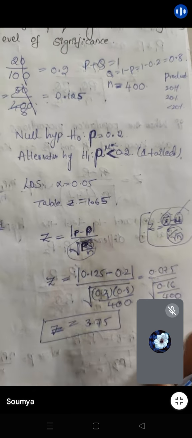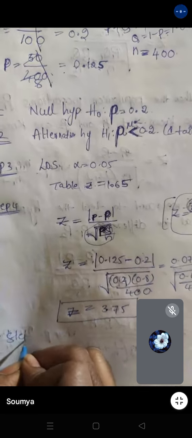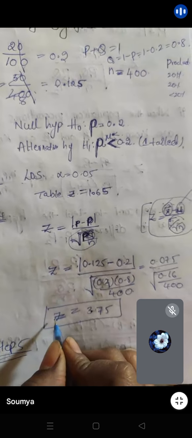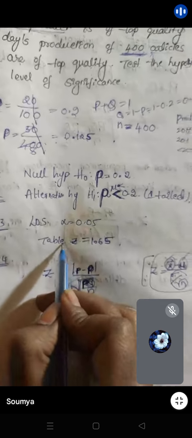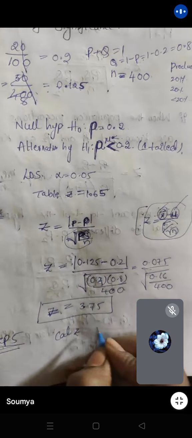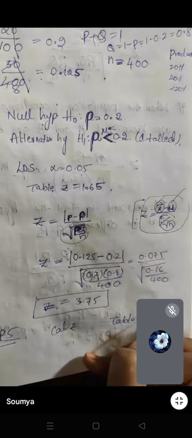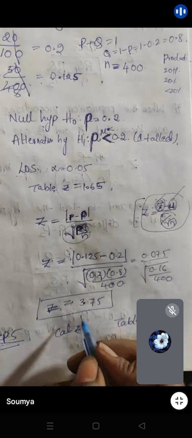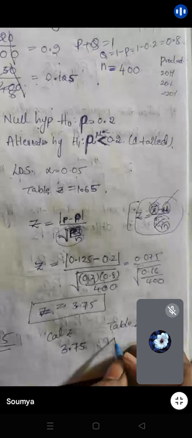Now what is step 5? This is calculated Z and this is table Z. Compare these two. First write calculated Z and table Z. Calculated Z is 3.75 and table Z is 1.65.